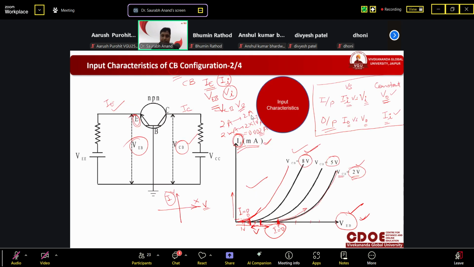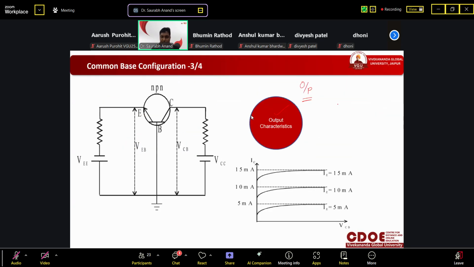This output characteristic will be drawn between output current and output voltage, while the input current will be constant. You can give the answer by seeing this diagram also. You can see that this is between output voltage, that is this, and output current, that is IC.